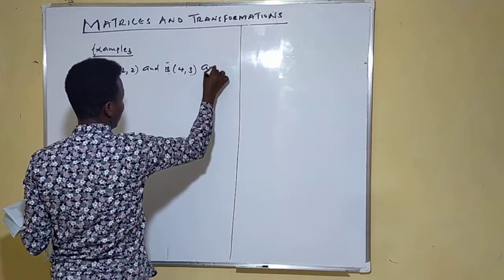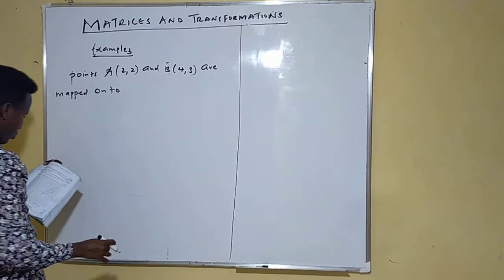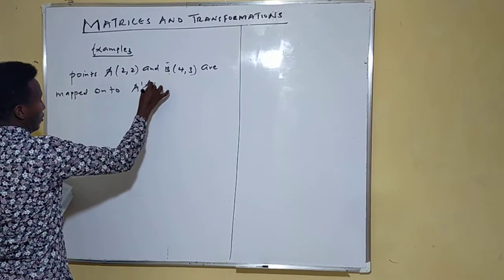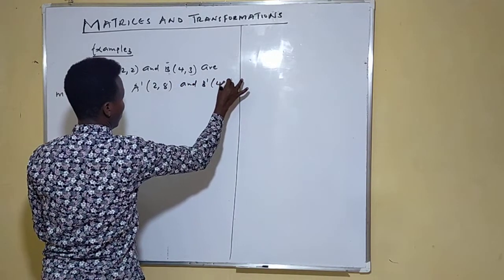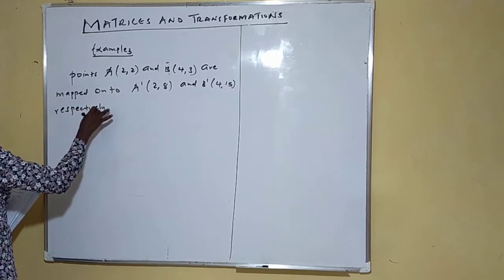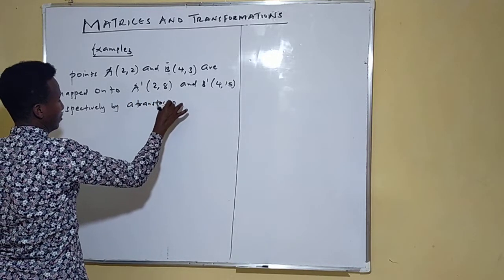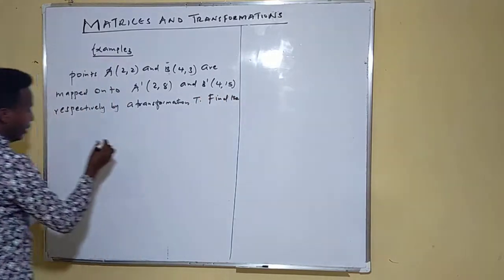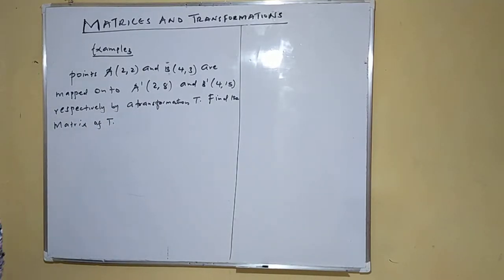A and B are mapped onto A prime (2, 8) and B prime (4, 15), respectively, by a transformation T. Find the matrix of T.